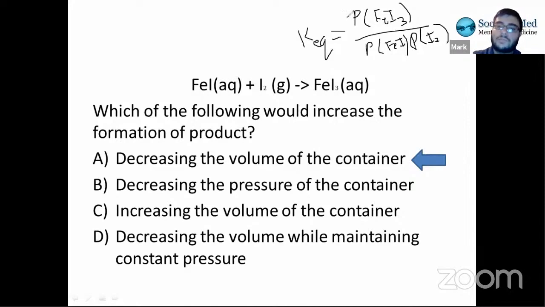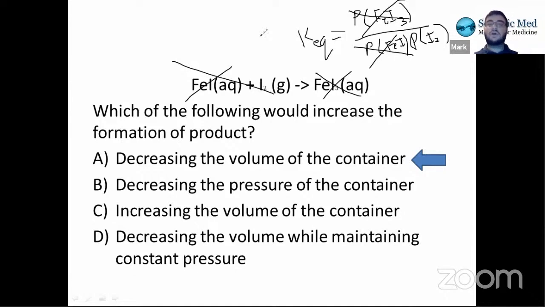You know that the partial pressure of anything that's not a gas is really kind of irrelevant. Aqueous solutions like these two don't really contribute to the partial pressure. Essentially, all of the partial pressure in the solution is I2. The aqueous solutions contribute so little that it's essentially non-existent.